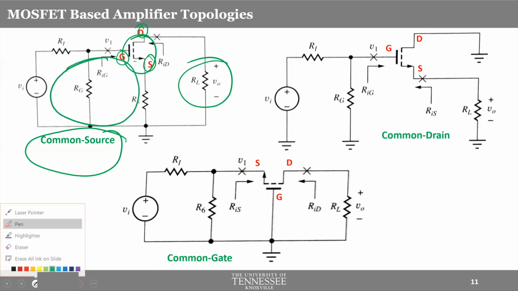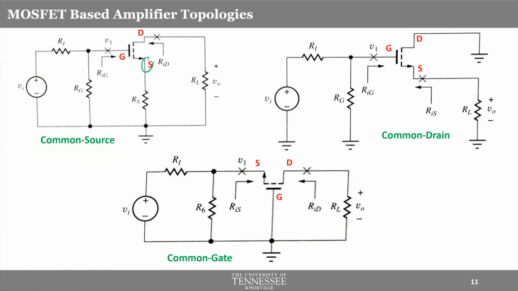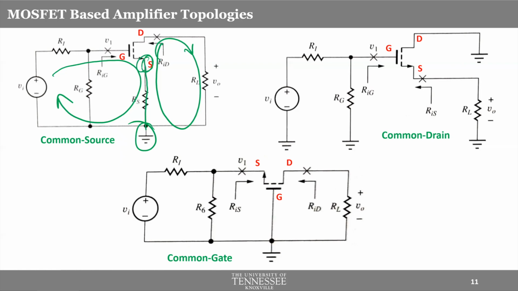Let me clear it off again. Source is part of the input circuitry, and source is also part of the output circuitry, right? So source is common, and in other words, you have used ground at the source terminal. So source is the reference to everything, right? So that's a common source amplifier.